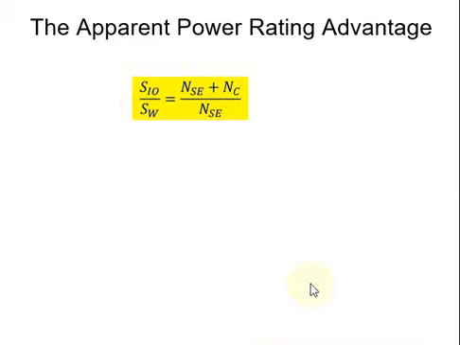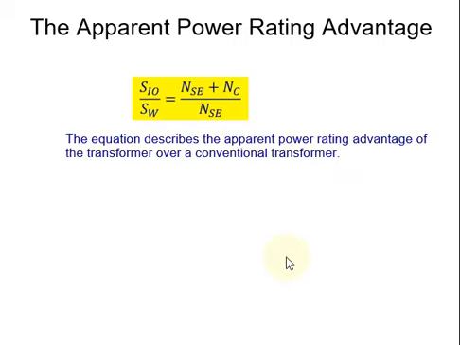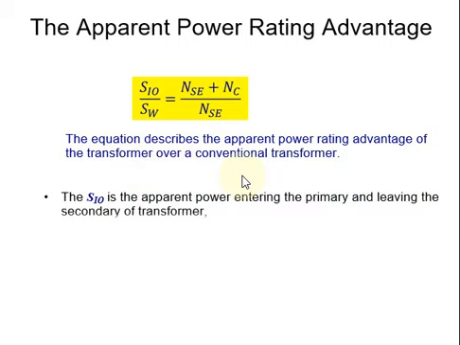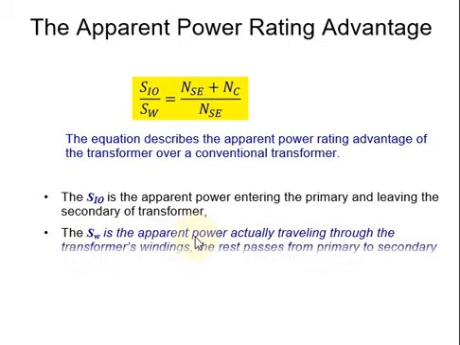This equation describes the apparent power rating advantage of the auto transformer over a conventional transformer. SIO is the apparent power entering the primary and leaving the secondary of the transformer, as discussed earlier.